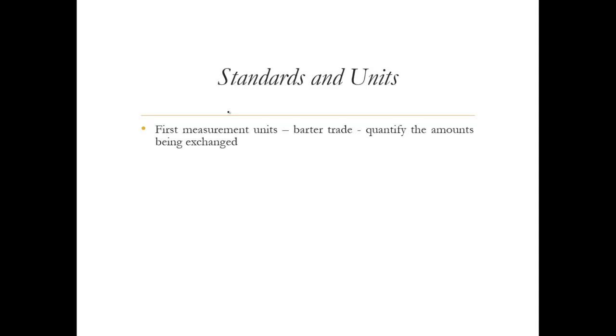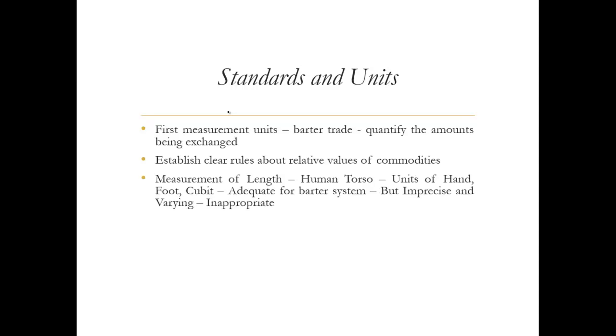So these things were established from that time, where the quantity being exchanged had to be quantified properly, or we had to establish clear rules about the relative values of the commodities. And as we have seen already, for length we used the human torso, from which we got the units of hand, foot, and cubit.